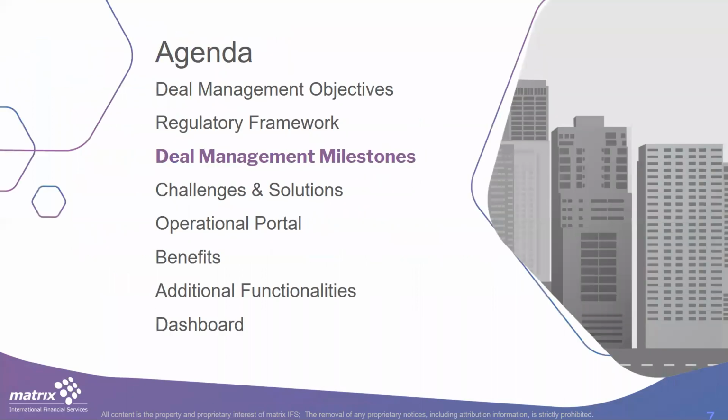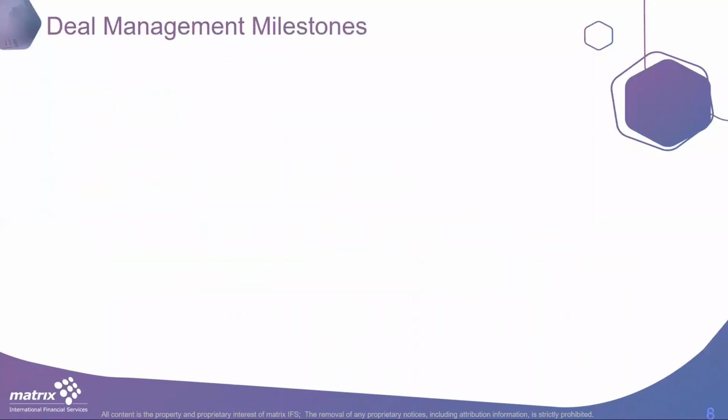Now, if you look at deal management milestones and how we break down the deal structure, you can see that there are basically 5 main aspects to it. There's the pre-deal, where the deal is not initiated yet, but all the information regarding the deal is being gathered and hopefully entered into a single point of system. If not, it's being gathered from various systems.